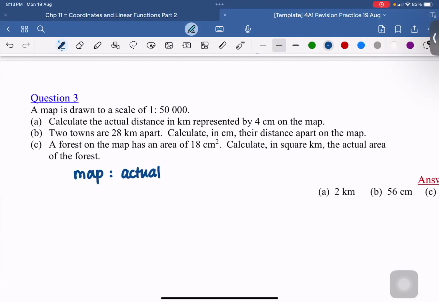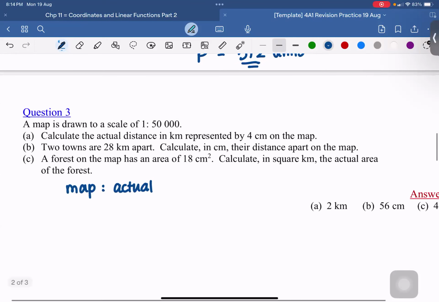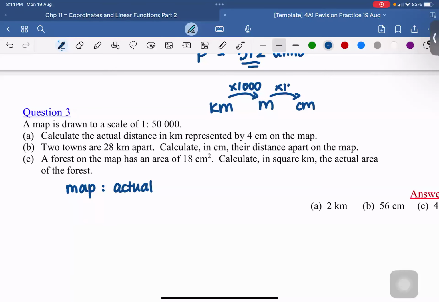Before I actually begin, I always like to do the units conversion. Kilometer to meters is times 1,000. Meter to cm, 100. Cm to mm, 10.